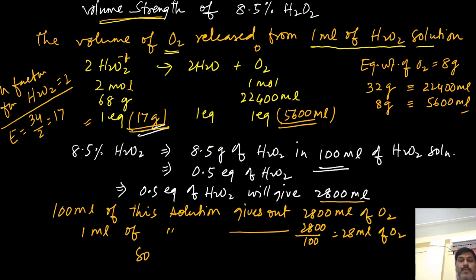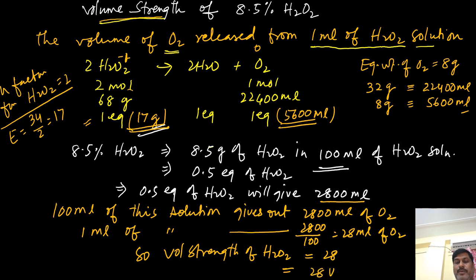So volume strength of H2O2 is 28. You can say this one is 28 volume. That is basically 8.5% H2O2. Thank you.